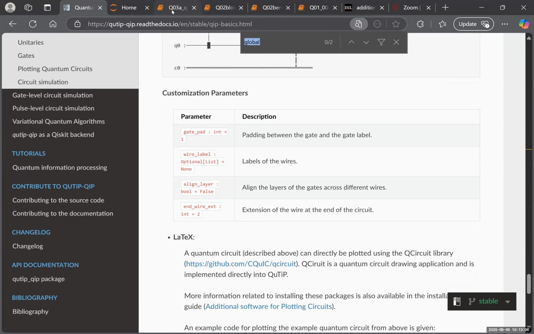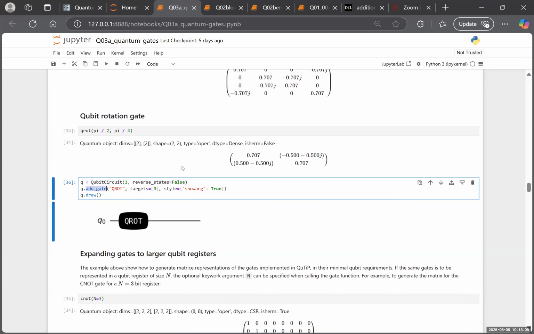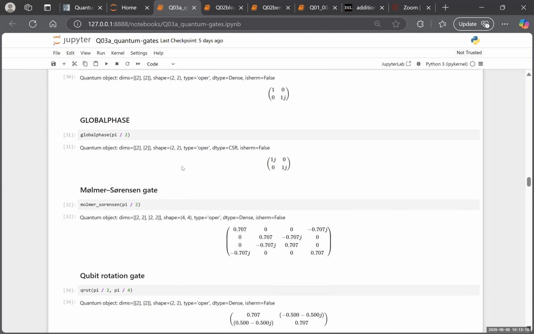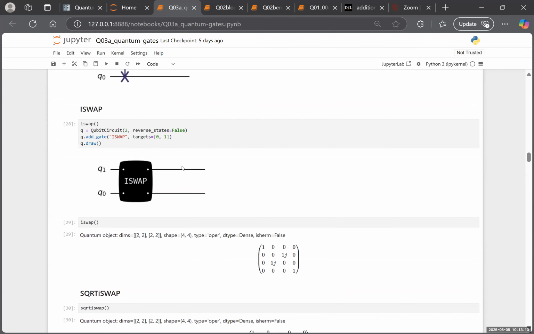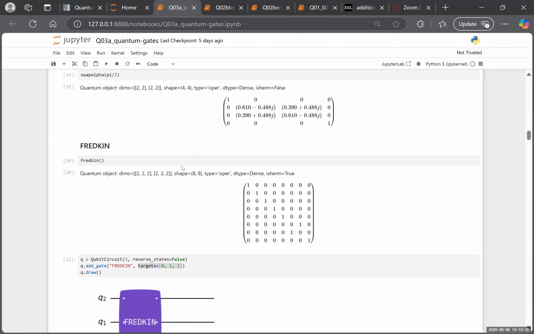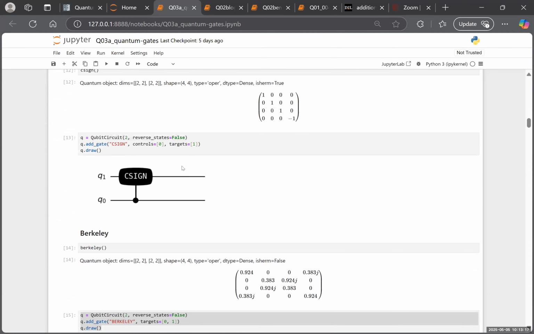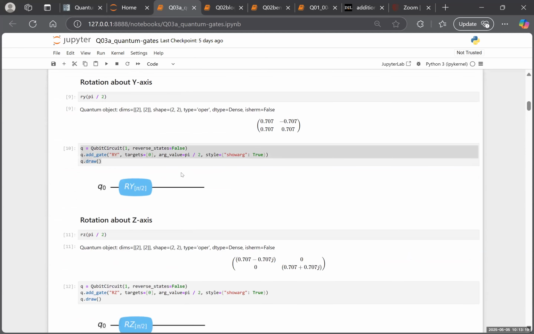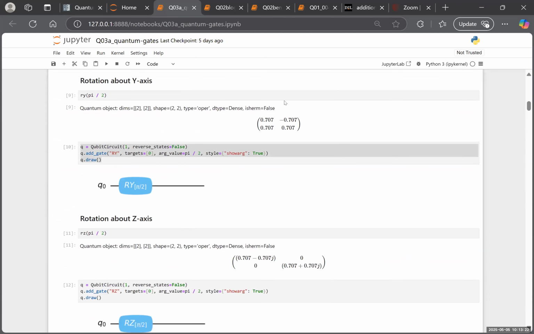Okay, show values or value. Argument, arg value.